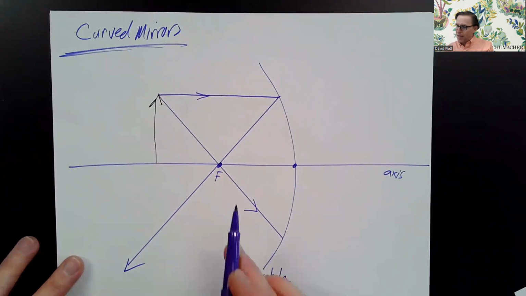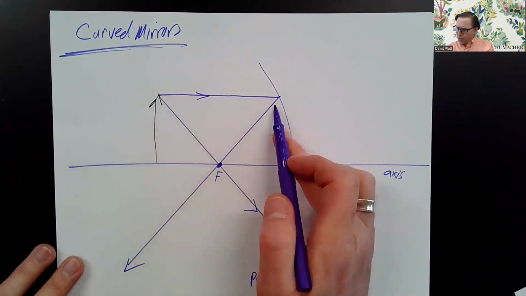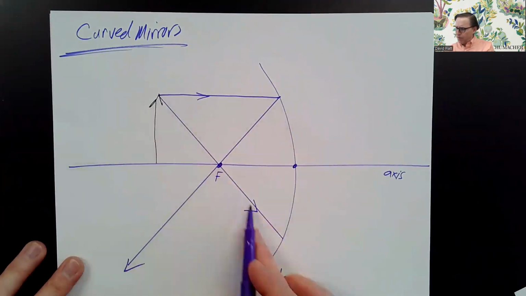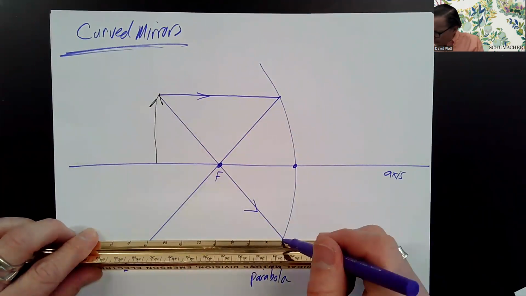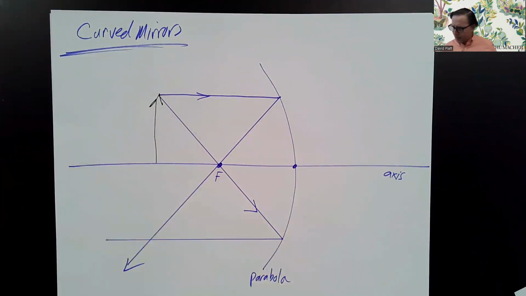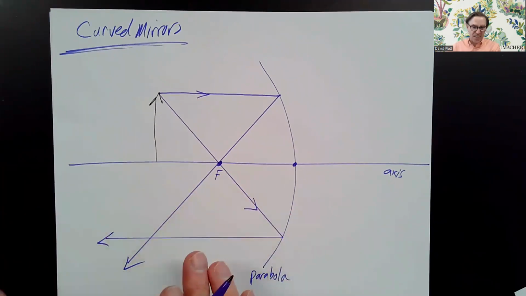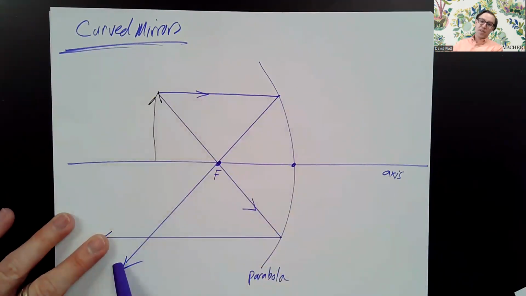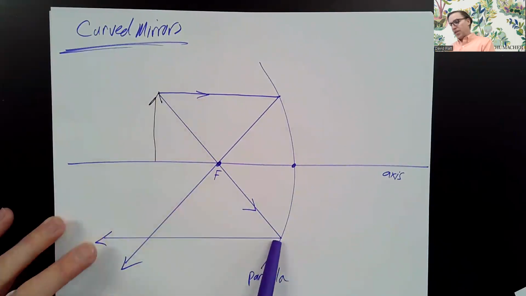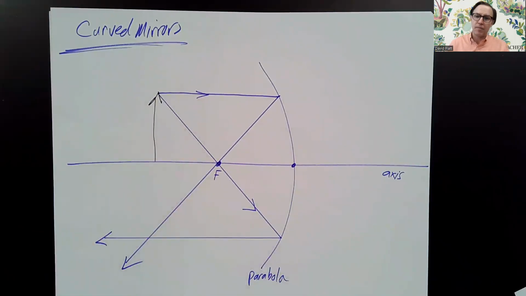And maybe you can guess, if parallel turns into through the focus, then through the focus is going to make a ray come out parallel to the axis. And so we're going to draw this ray diagram a lot. And you're going to get very used to saying, maybe you can say it with me, in parallel, out through the focus, in through the focus, out parallel.